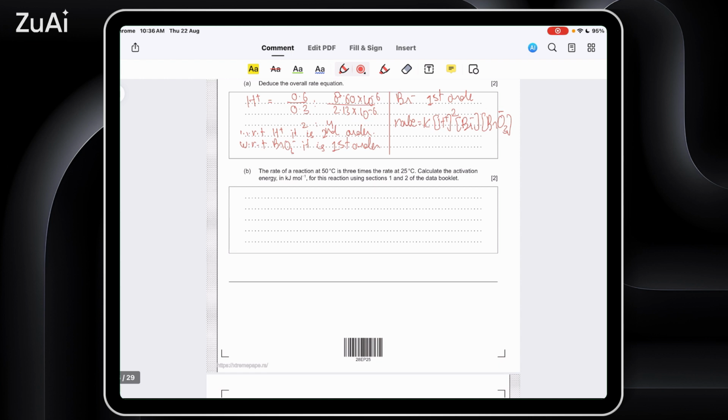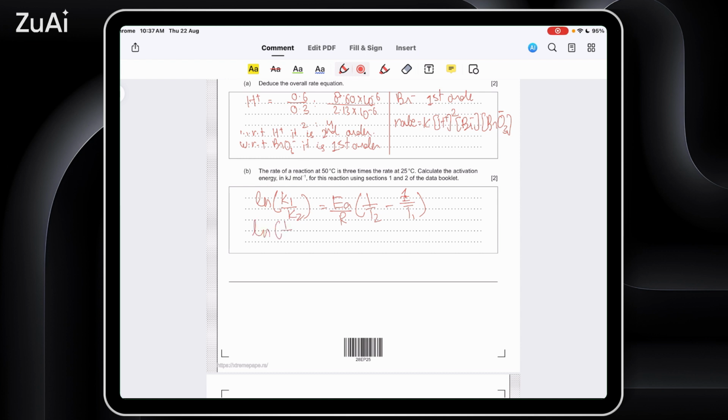Okay, the last question. The rate of reaction at 50 degrees Celsius is 3 times that at 25. Calculate the activation energy. Now you know the formula, that is ln K1 over K2 is equal to activation energy over R times 1 over T2 minus 1 over T1.